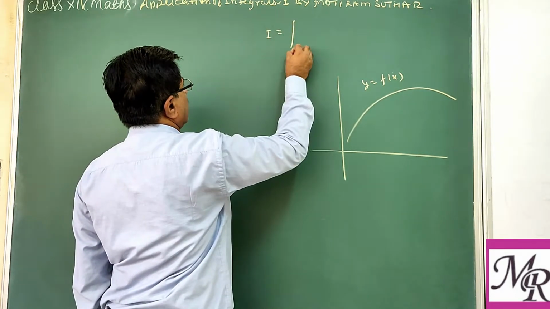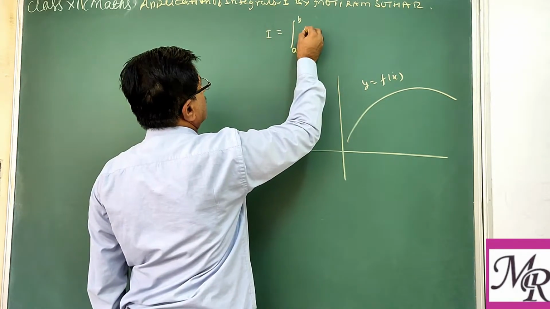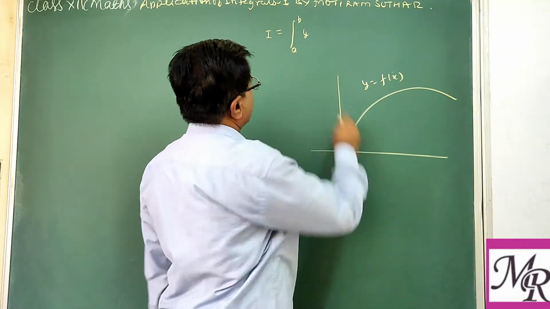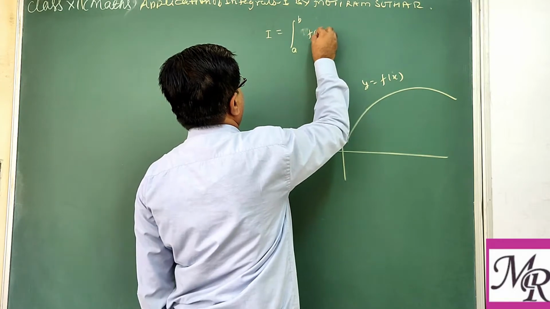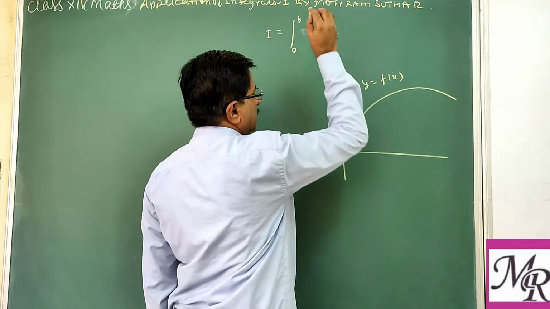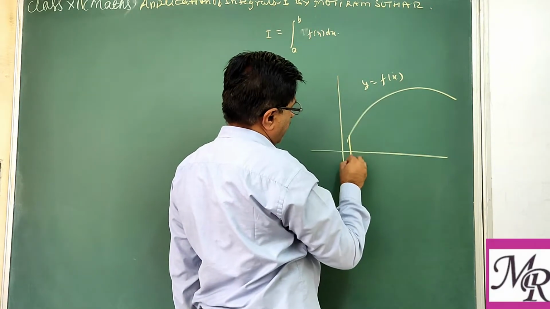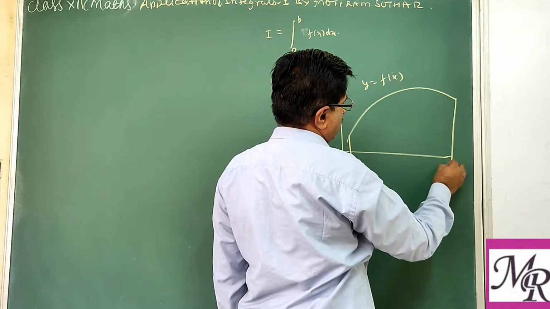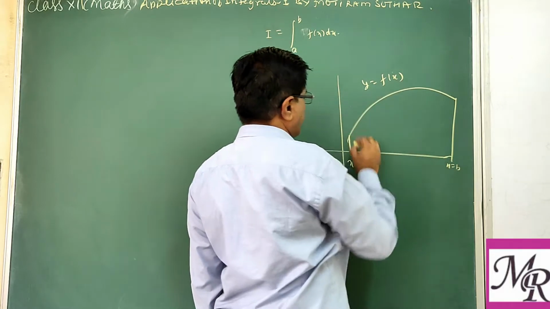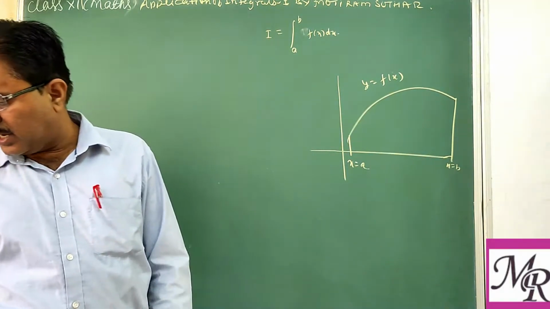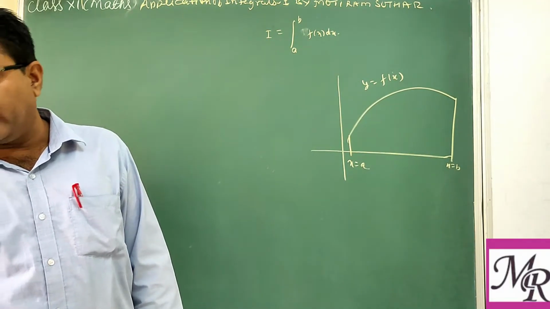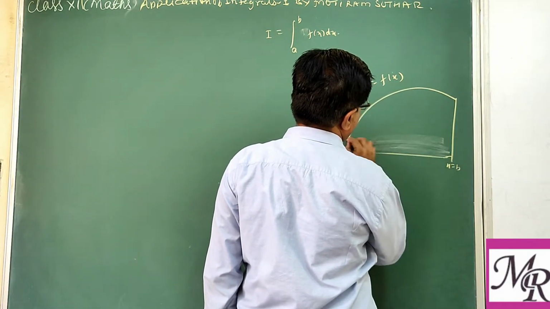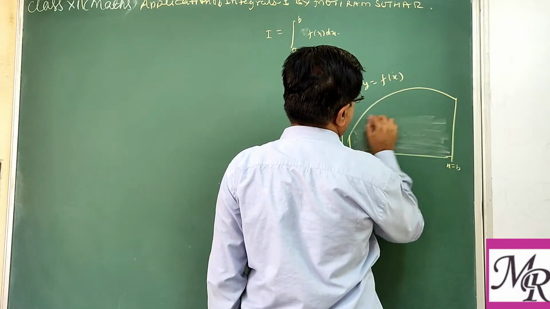We write the integral from a to b of, suppose, f(x) dx. And here the ordinates we are taking are x equal to a and x equal to b. And we are saying that the area between these ordinates we can find with the help of the definite integral.